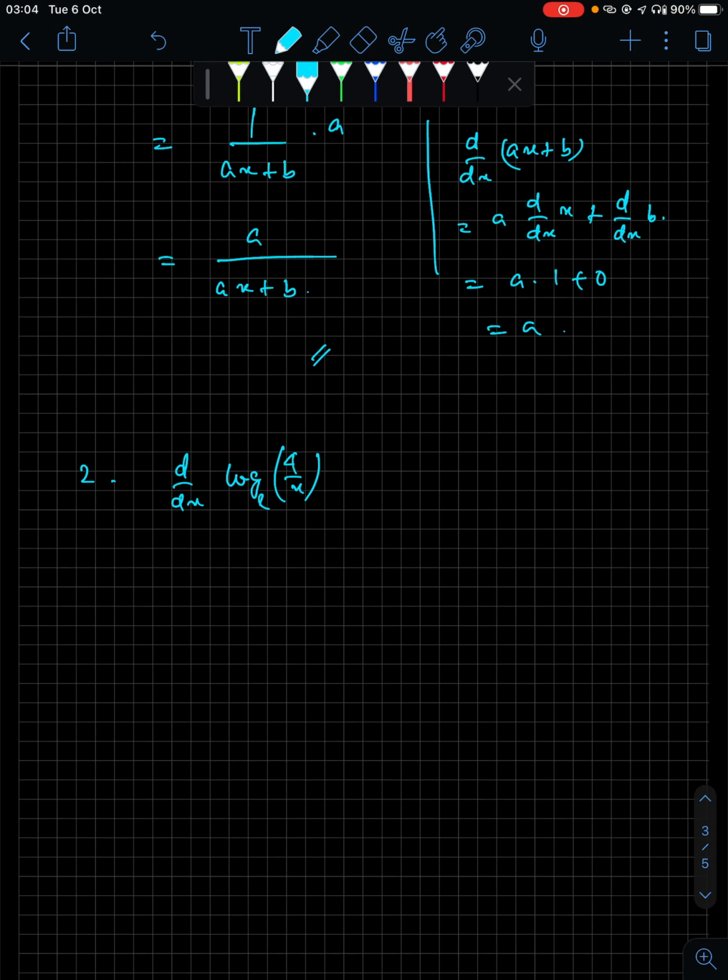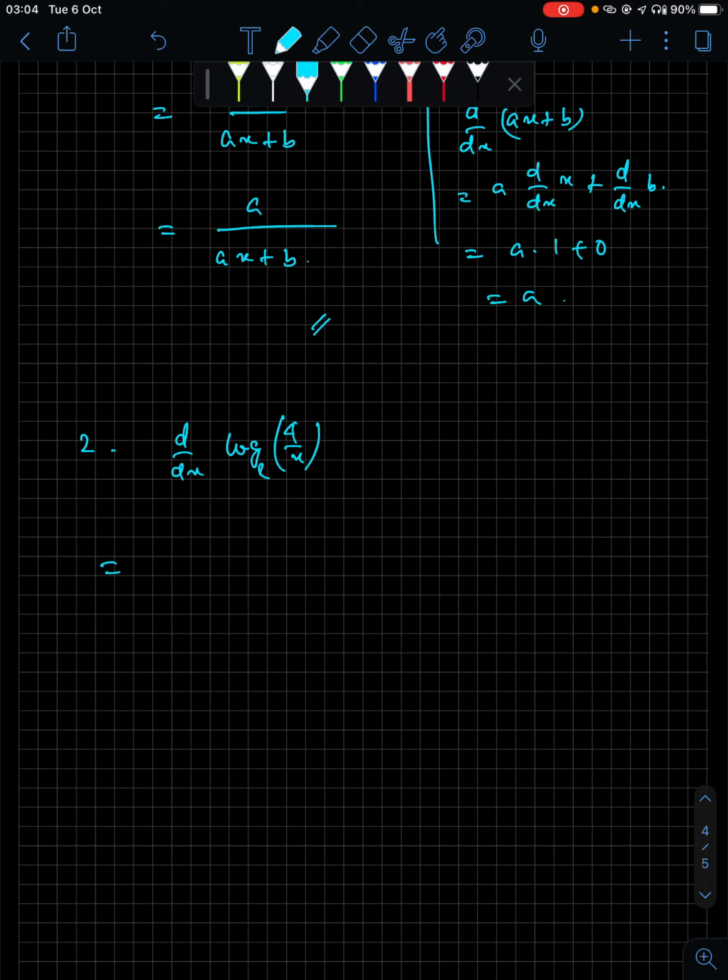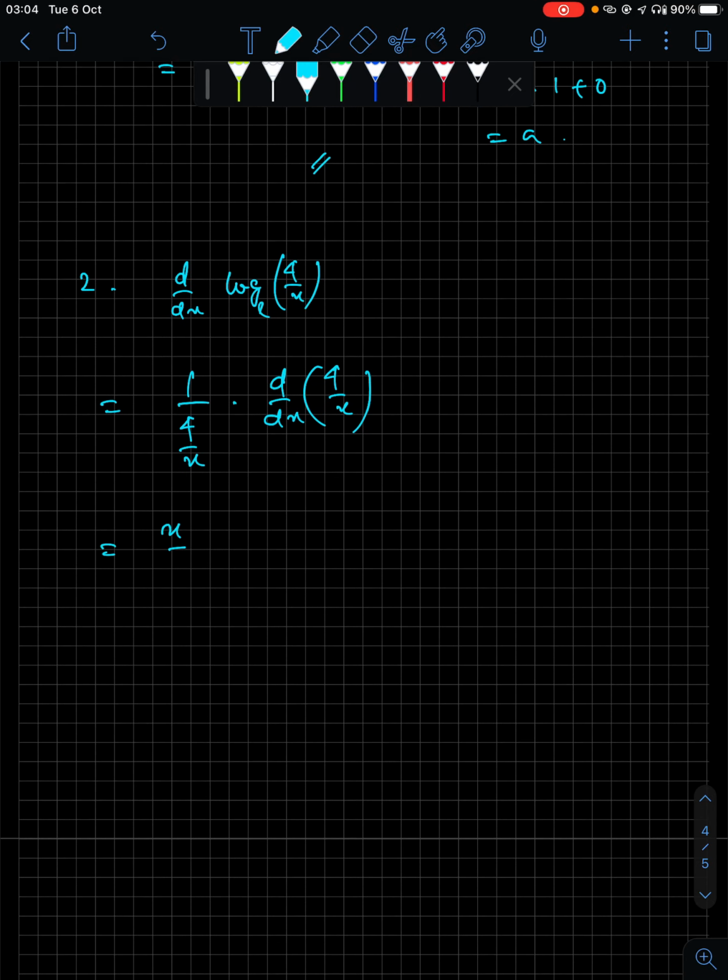And the base is e. Yes, it's a natural log. So d/dx of log u is 1 by u, and again d/dx of u. So this gives you x by 4 and d/dx of 4 x to the power minus 1.